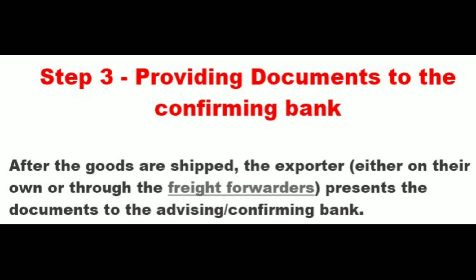So, after the shipment of the goods, the exporter starts collecting all the documents. Once he has collected all the documents, he presents them to his bank. And one important point is this: the exporter has to give all documents to the bank within the time limits. He should not exceed the time limit given by the bank.